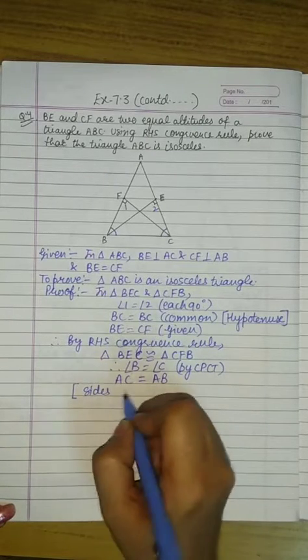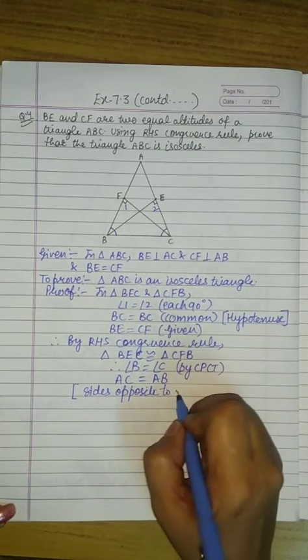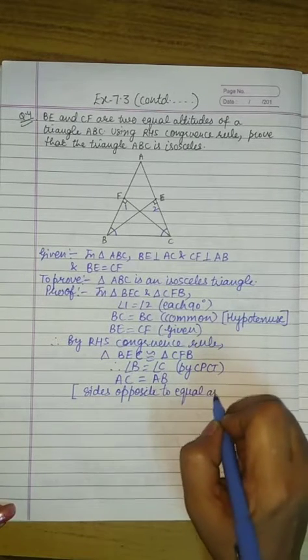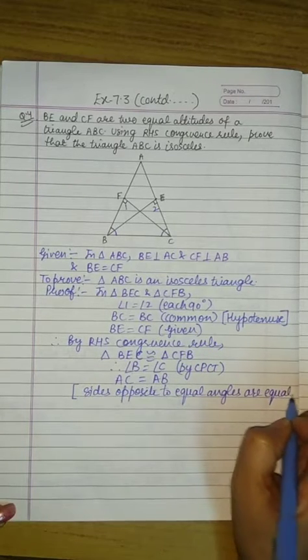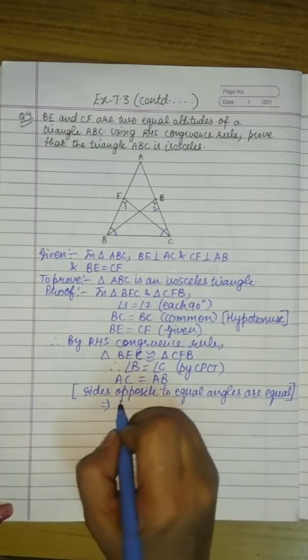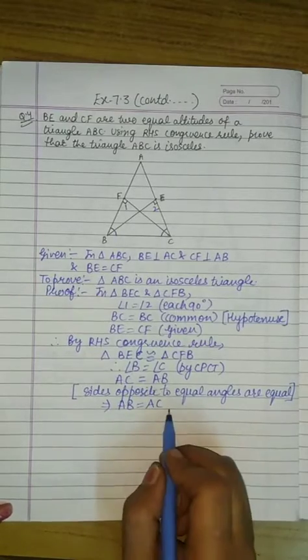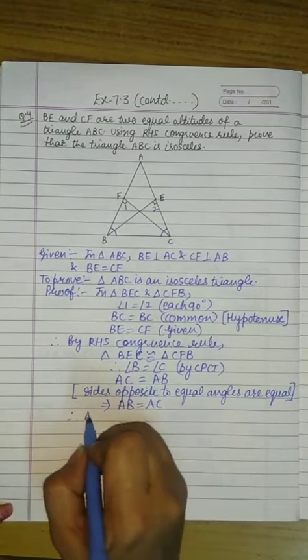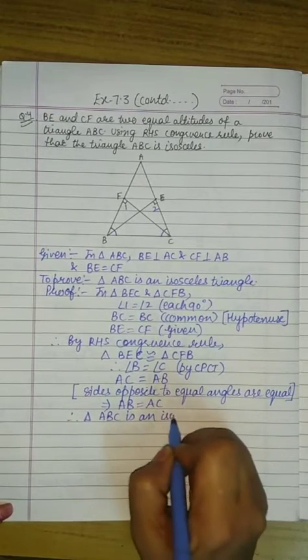Sides opposite to equal angles are equal. So if sides opposite to equal angles are also equal, it means AB is equal to AC. In triangle ABC, two sides are equal. Therefore, triangle ABC is an isosceles triangle.